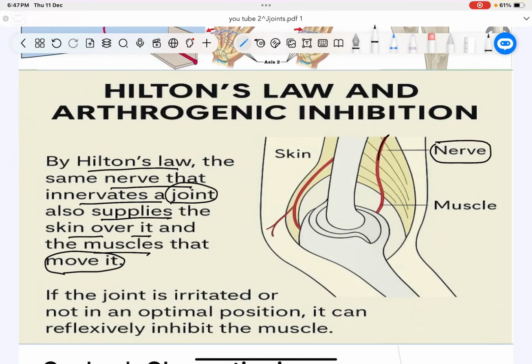The nerve coming and supplying the joint, supplying the muscles which help to move the joint, even supplying the skin of the same area by giving a cutaneous branch. So, if the nerve gets irritated, the muscle movement will be compromised, the joint will be stiff, even the overlying skin also will be irritated. That's Hilton's law with explanation.